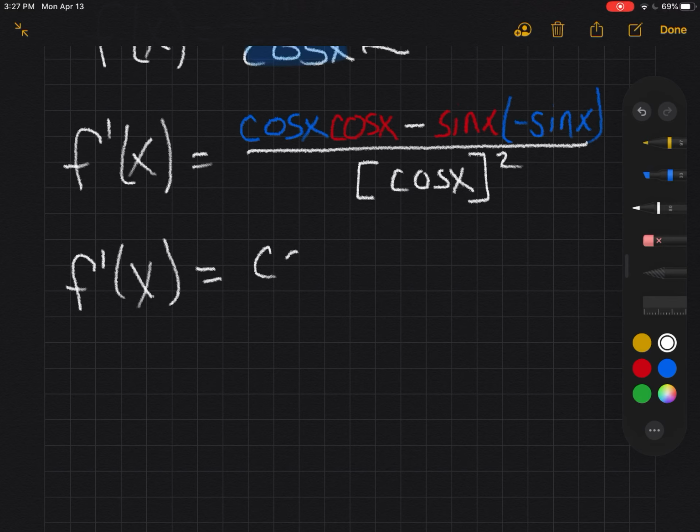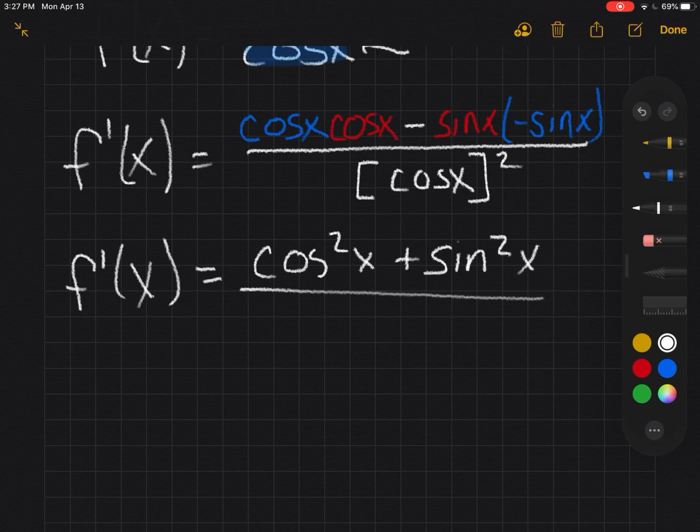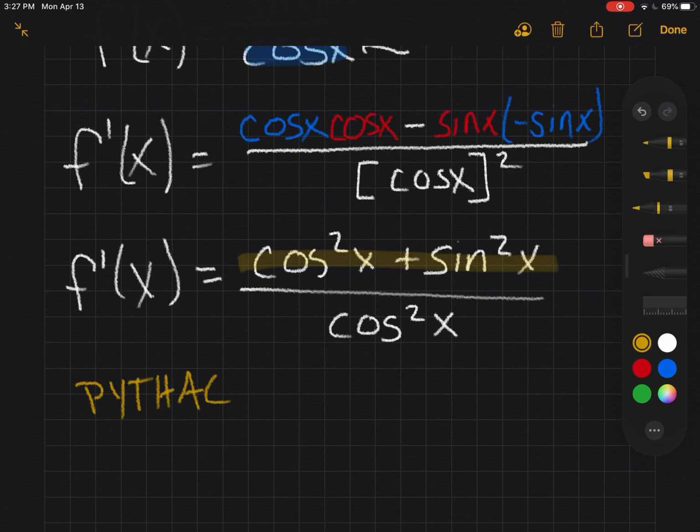And then all of this is divided by the function in the denominator, cosine of x, quantity squared. So let's simplify this a little bit. Now we have f prime of x is equal to cosine squared x plus sine squared x divided by cosine squared x. The rest of this problem is going to have us use some trig identities to simplify this.